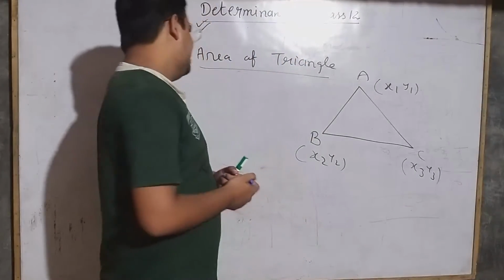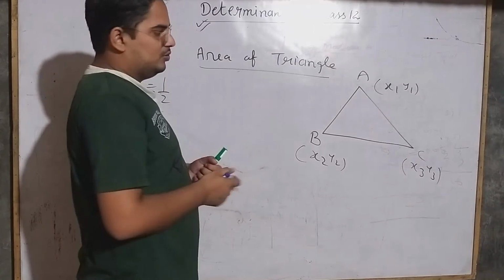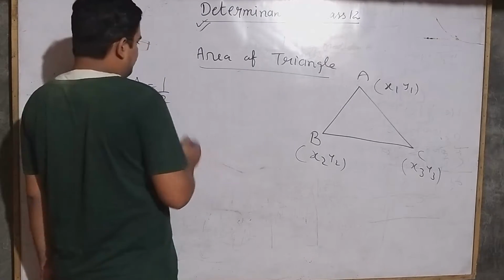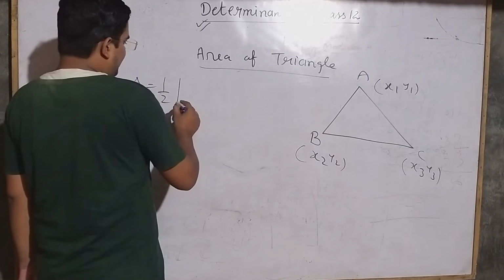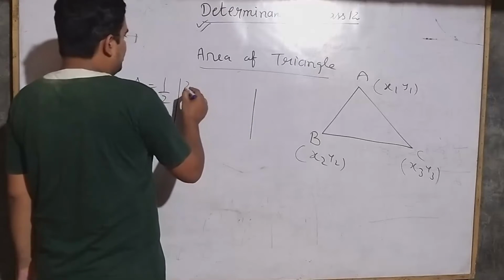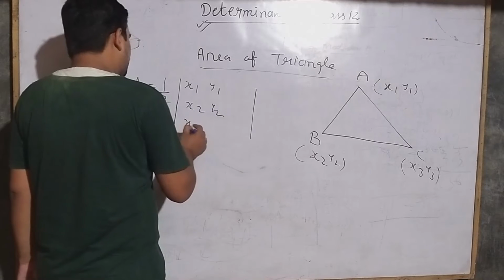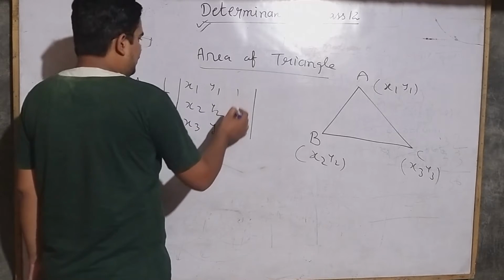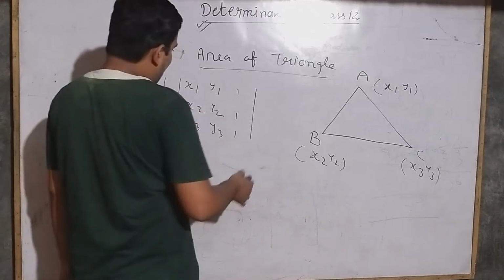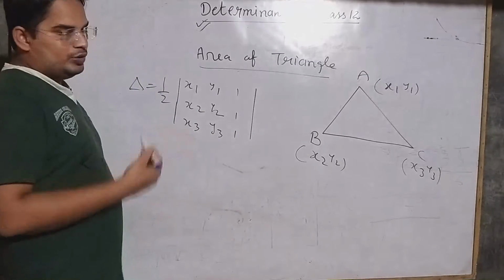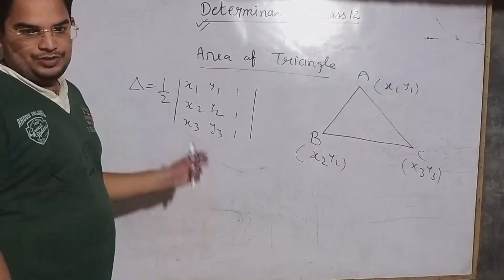You can find it directly. By the way, it is removed from your syllabus. No need to do it, but still I am telling you. 1 by 2, and here you can write x1, y1, 1, x2, y2, 1, x3, y3, 1. After you expand it, you can get the area of the triangle easily with this method.